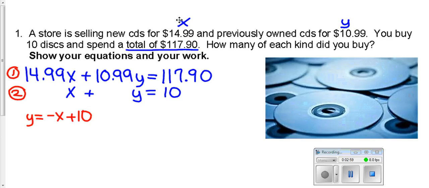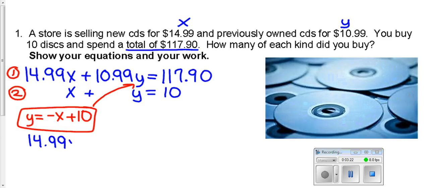So now that I know that y equals negative x plus 10, I'm going to substitute that negative x plus 10 in place of the y in the first equation. That is going to enable me to solve for x. So I'm going to take $14.99 x plus $10.99.